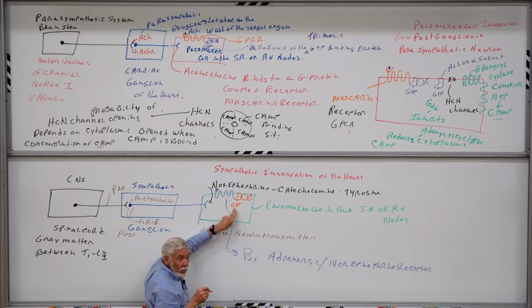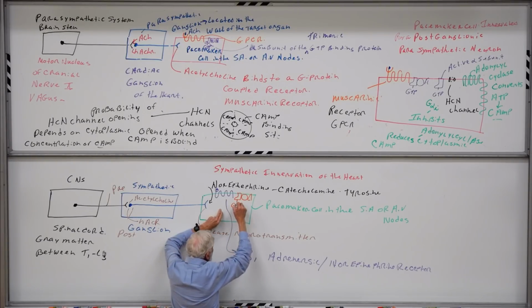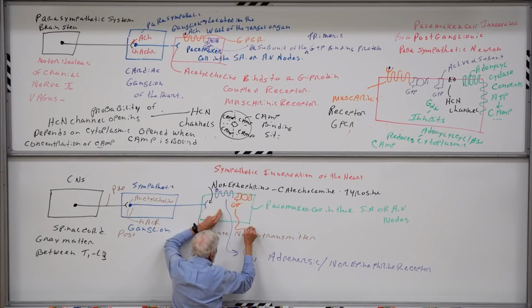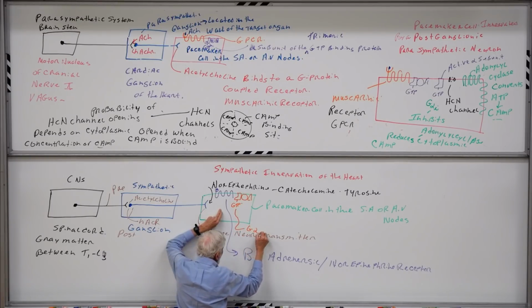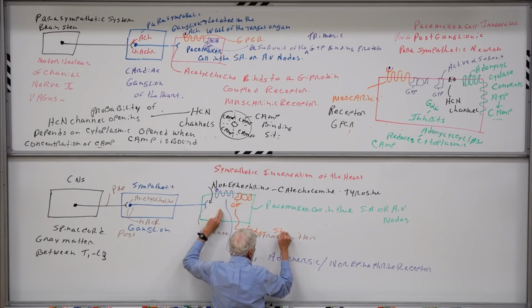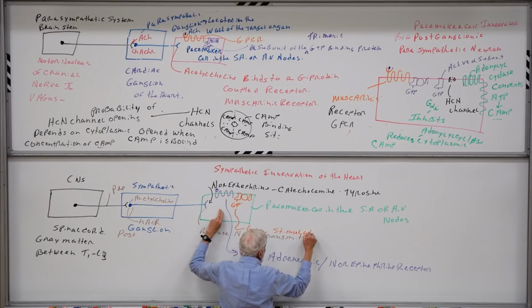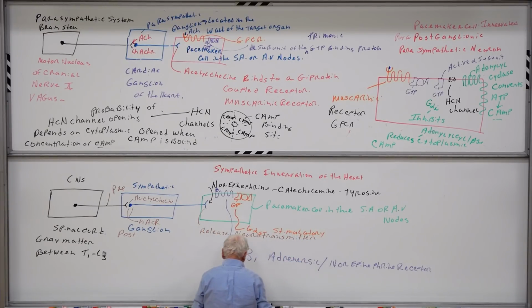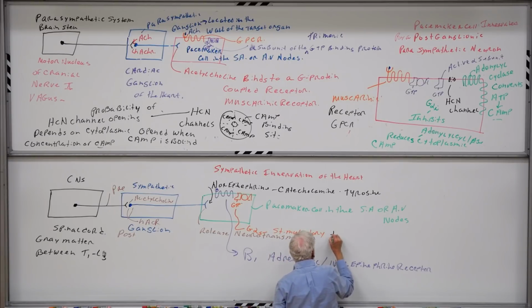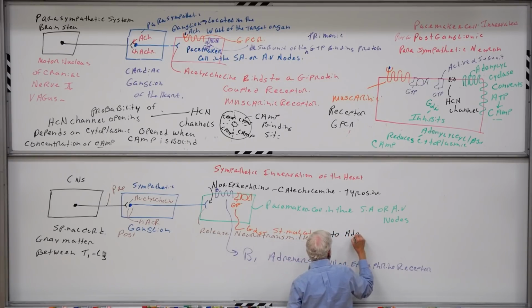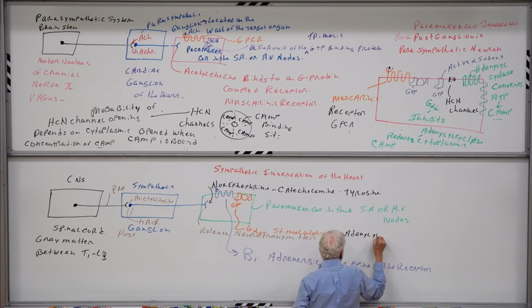This GTP on the alpha subunit now turns it on. It activates it. This alpha subunit, in this case, is said to be G alpha S, where S is stimulatory. And specifically, it's going to be stimulatory to adenylyl cyclase.